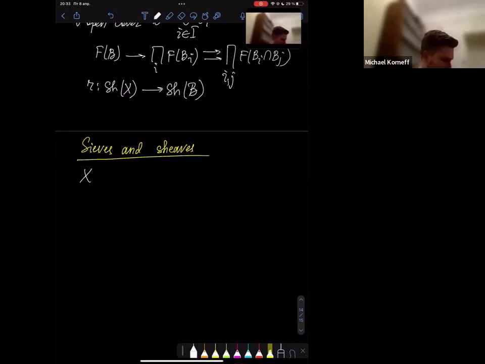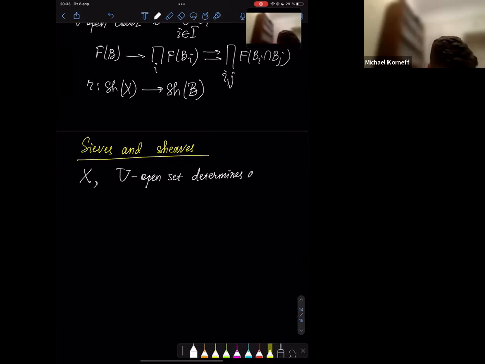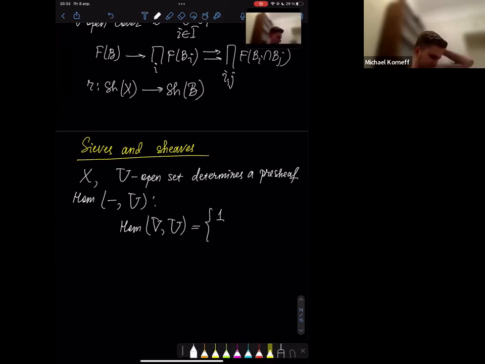Consider a topological space X and an open set U. Then this set determines a presheaf, which is just the following. Hom from V to U is just a one-point set if V is a subset of U, and the empty set otherwise.